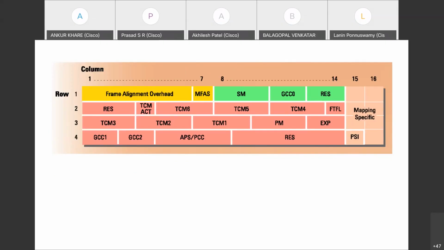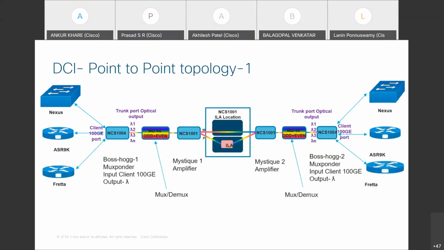Okay. So this is the DCI topology I showed in the beginning. It has a muxponder, which is what we do in NCS 1004. Then there's a mux demux, called MD48, so we can carry here a maximum of 96 channels within one network.